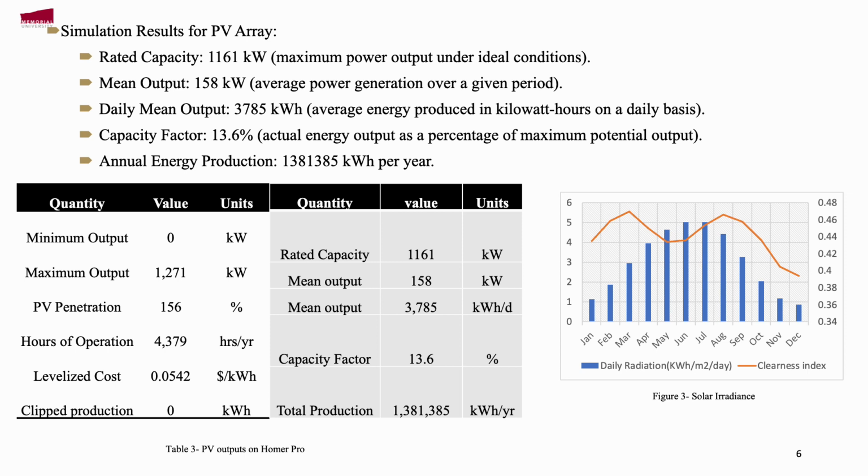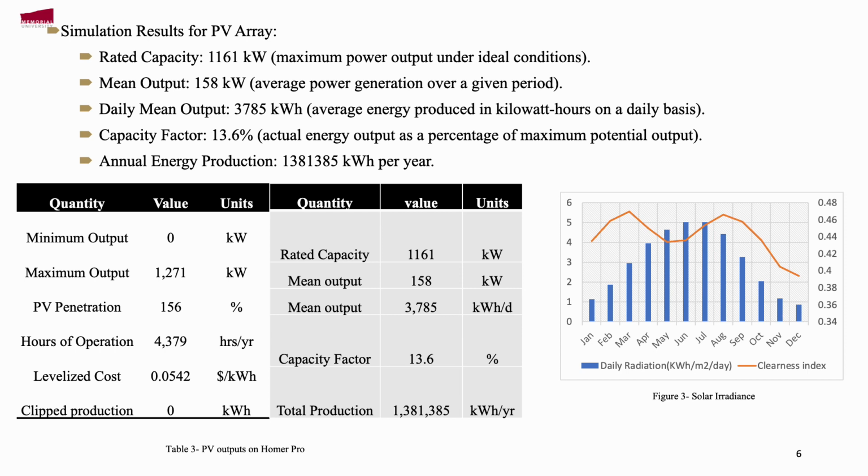The capacity factor is 13.6%, the actual energy output as a percentage of maximum potential output. The annual energy production is 1385 kilowatt hours per year. In the table you can see the minimum output is 0 and the maximum output is 1271.